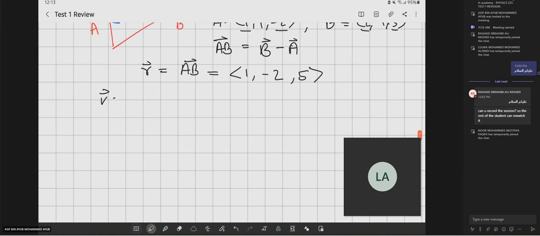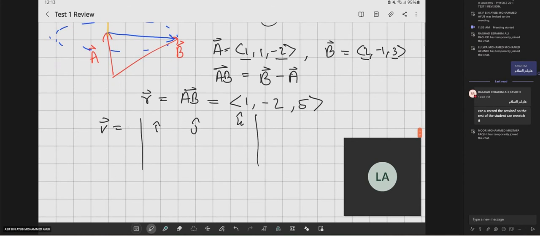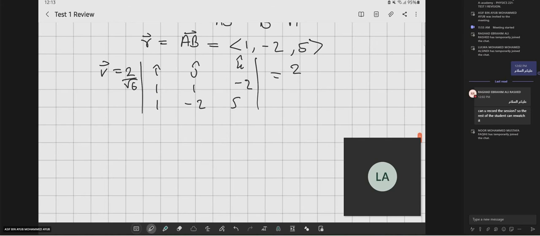Now, the velocity is simply the cross product, omega cross R, using i, j, k. So omega is, as we said, 2 over root 6 times (1, 1, minus 2), and R is (1, minus 2, 5). I'll compute this again quickly. So I'll have 2 over root 6. The ith component is 5 minus 4, which is 1.